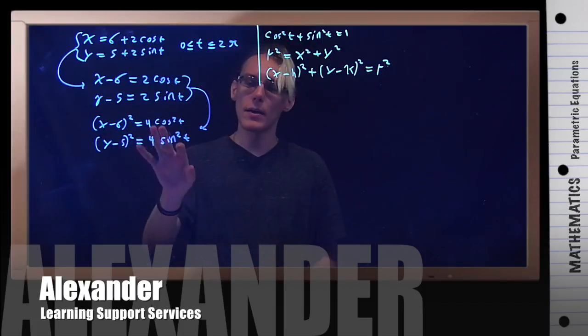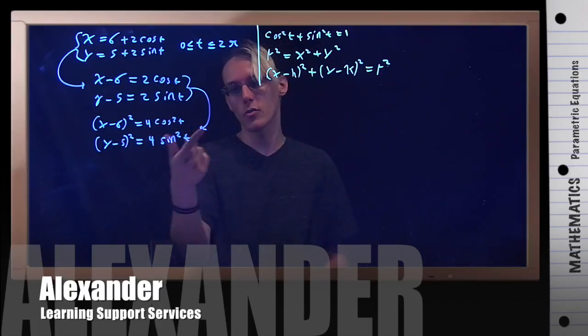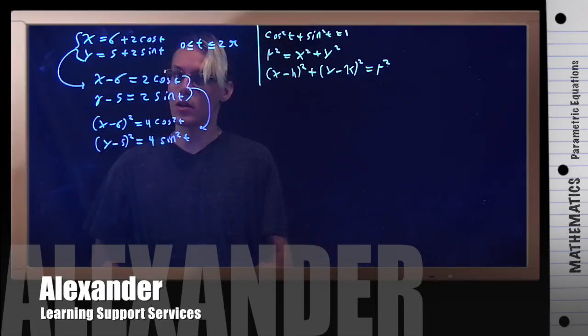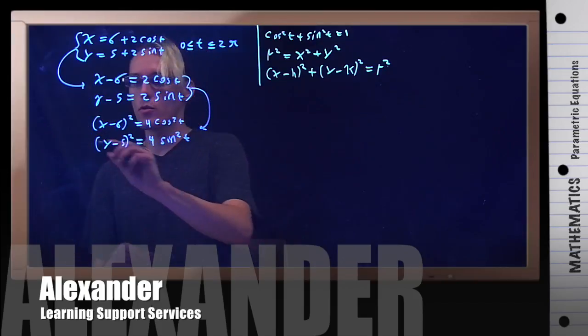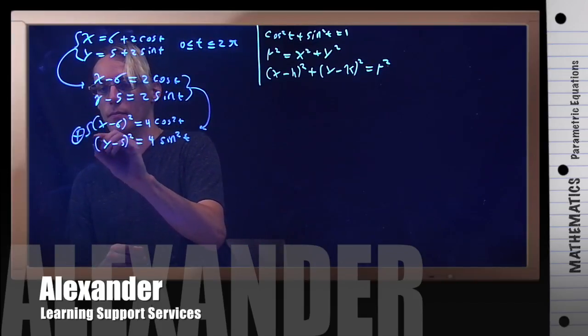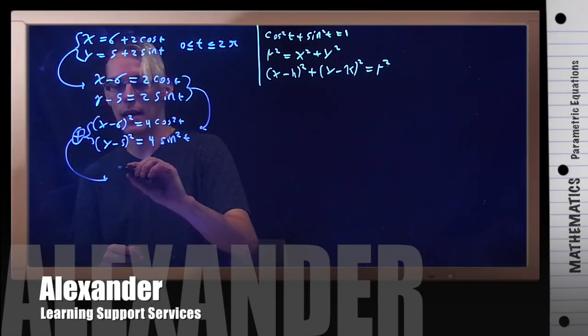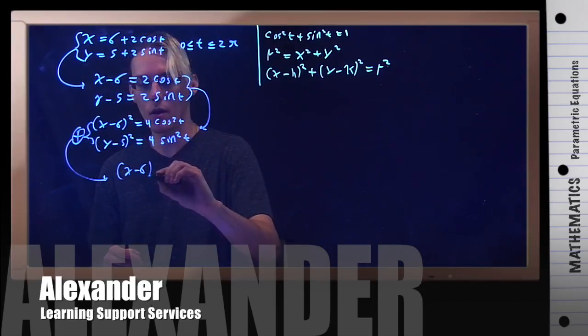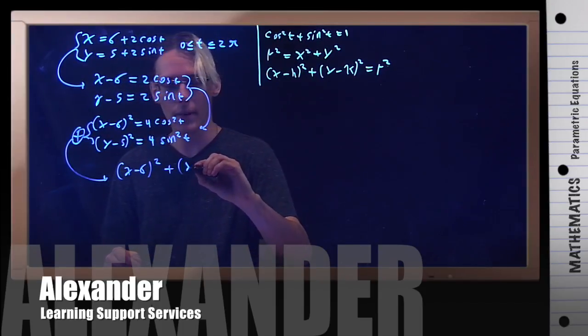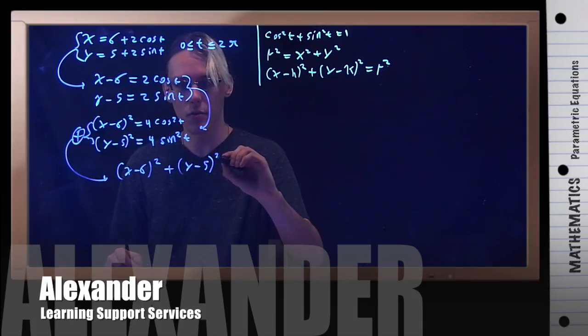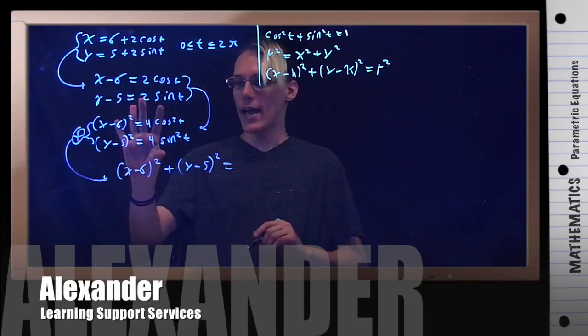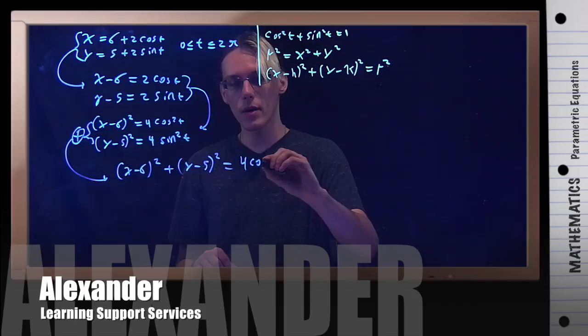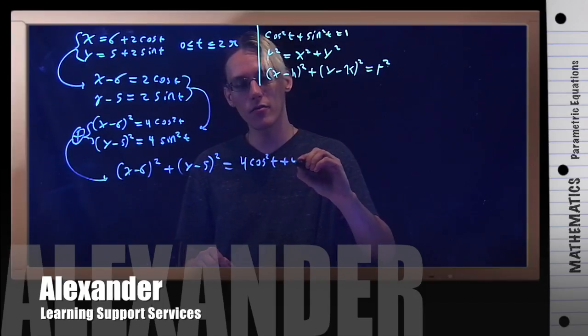Sort of. It doesn't look like I'm going to have a nice simple r squared over here, but maybe some stuff will simplify. So let's add these two equations together. And if I do that, I get x minus 6 quantity squared plus y minus 5 quantity squared is equal to, well, if I add these, I have 4 cosine squared plus 4 sine squared.